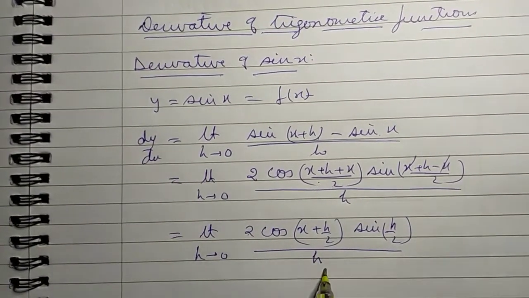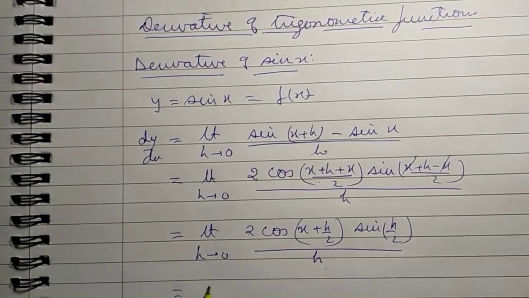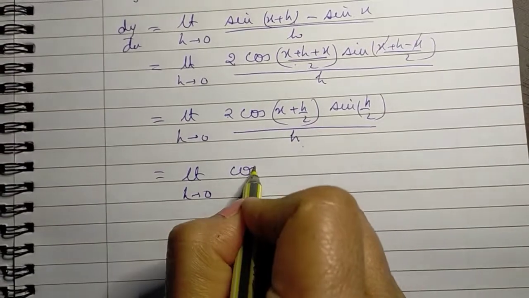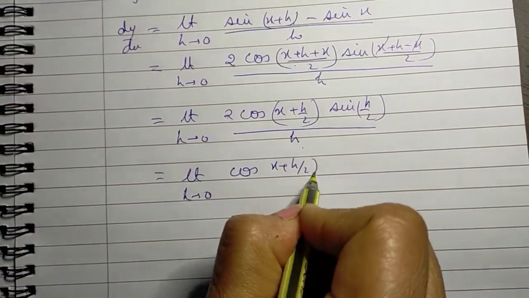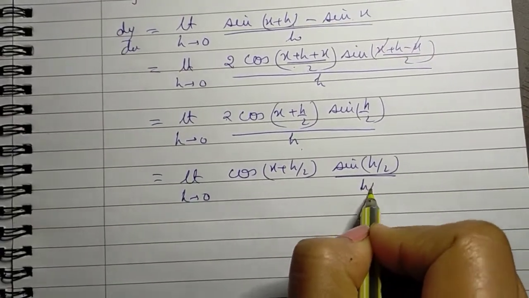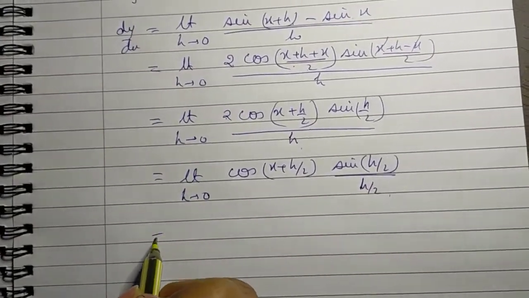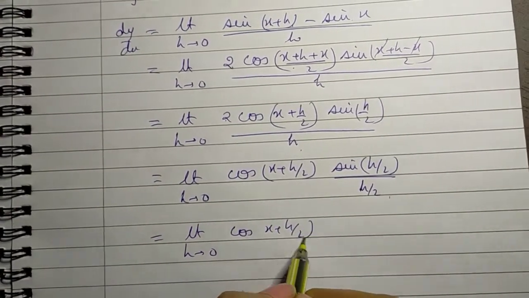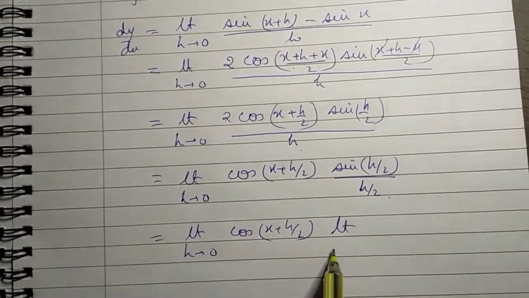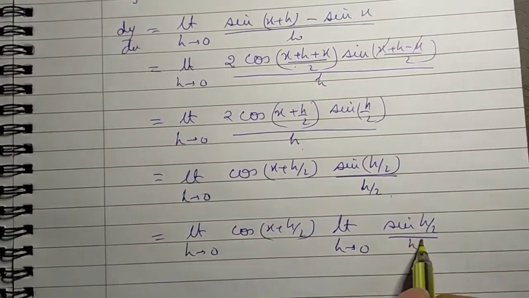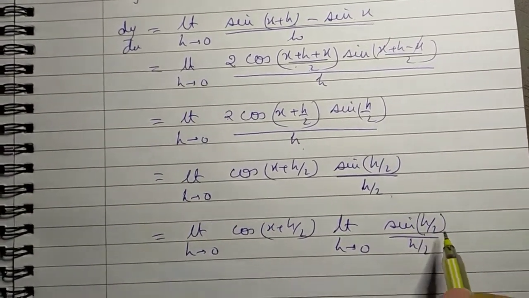This 2 can come here and it becomes limit h tending to 0 of cos of (x plus h by 2) into sin of (h by 2) upon h by 2, which can be written as limit h tending to 0 cos of (x plus h by 2) into limit h tending to 0 sin of (h by 2) upon h by 2.